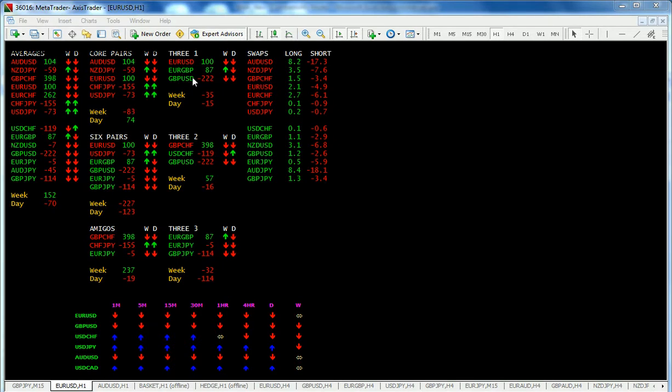As you know, on 101's Excel spreadsheet, he originally set two sides, the Great British Pound side and the Euro and the JPY side.